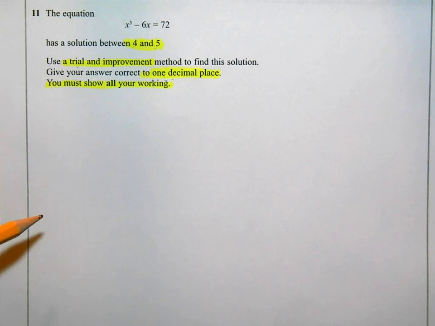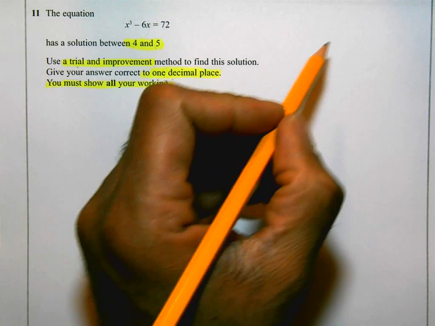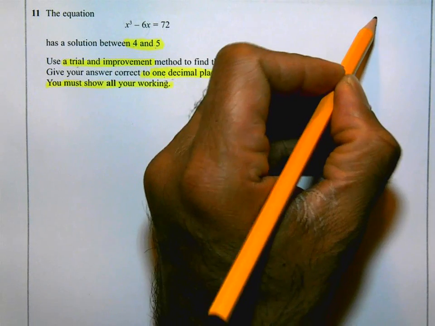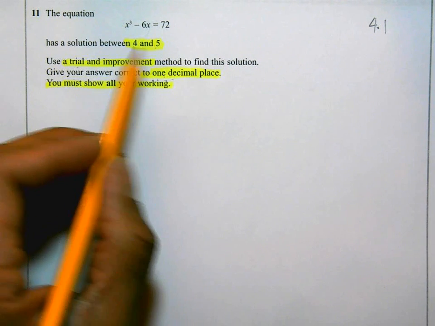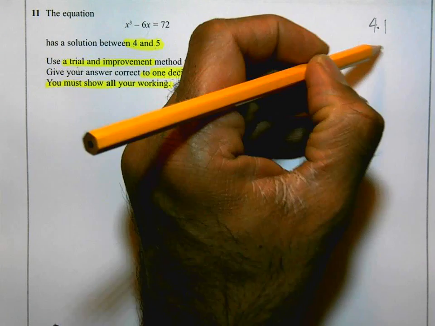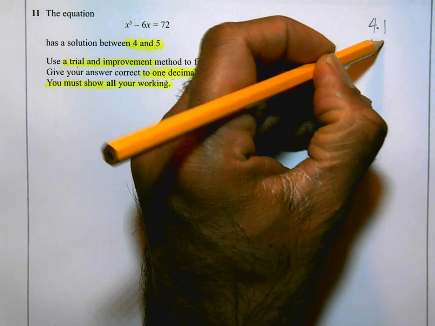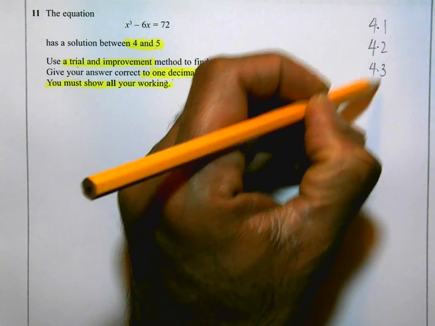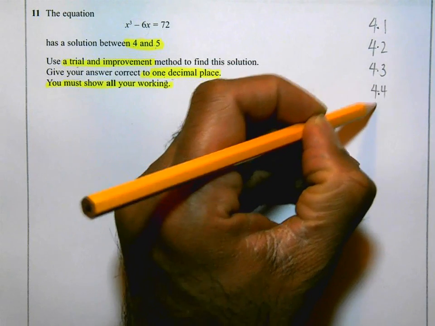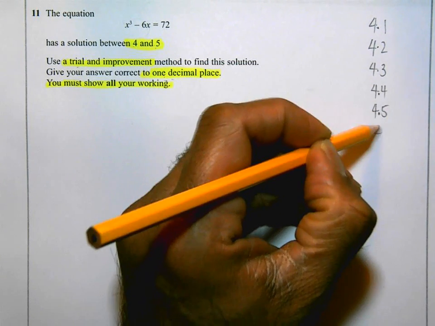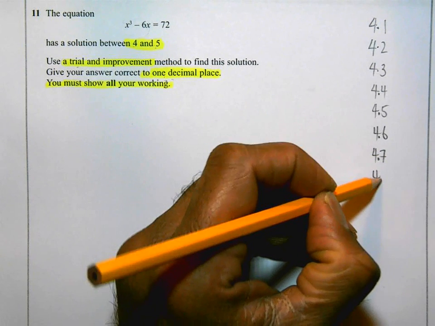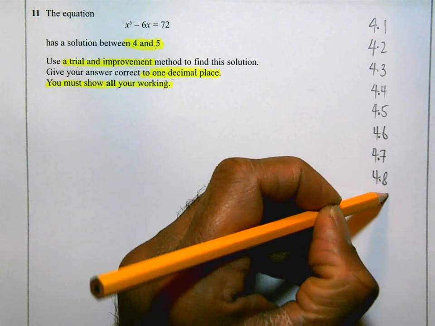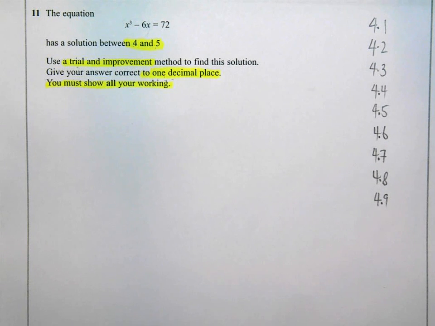So the possible answers are going to be 4.1, 4.2, 4.3, 4.4, 4.5, 4.6, 4.7, 4.8, or 4.9. I actually always do write them down.